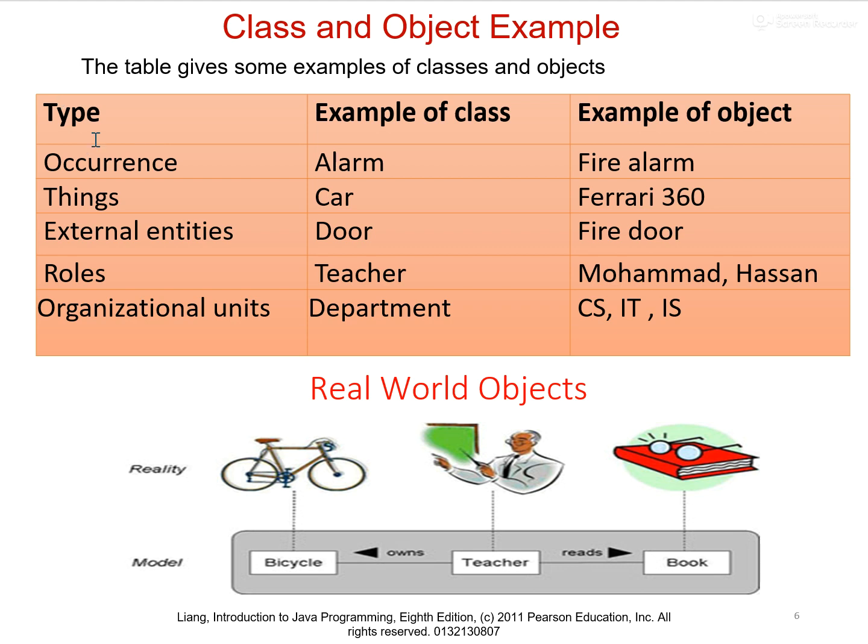You could use classes and objects to model an occurrence, an event. For example, a class that models a type of occurrence is an alarm, and an example object of an alarm is a fire alarm.